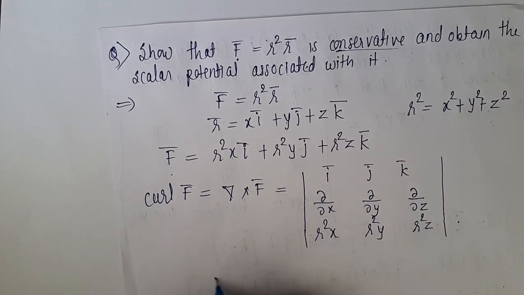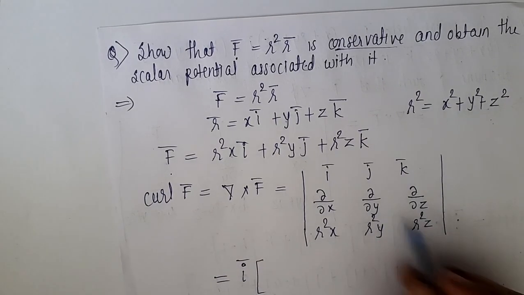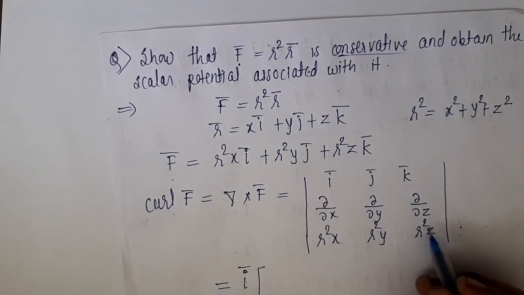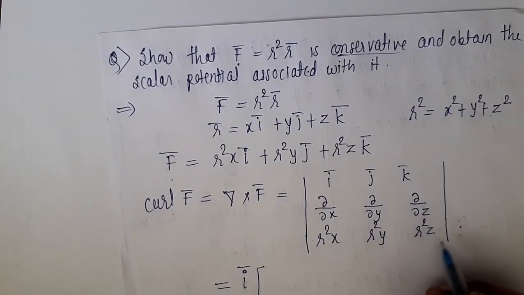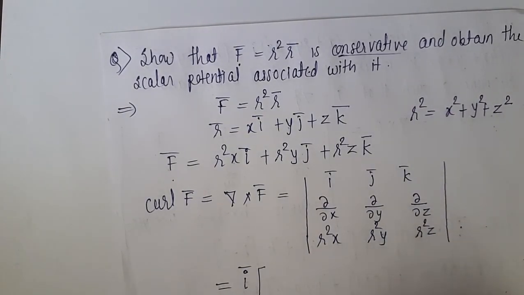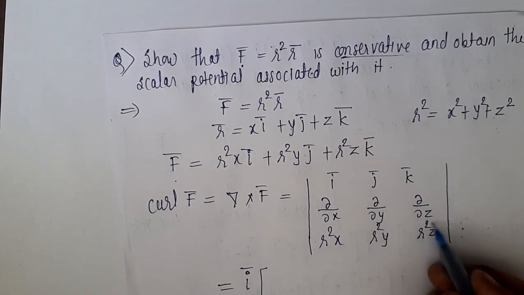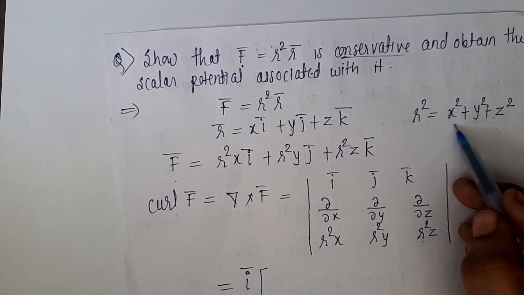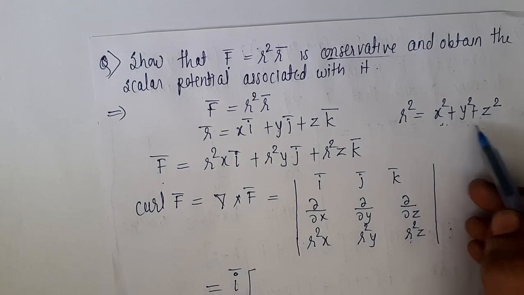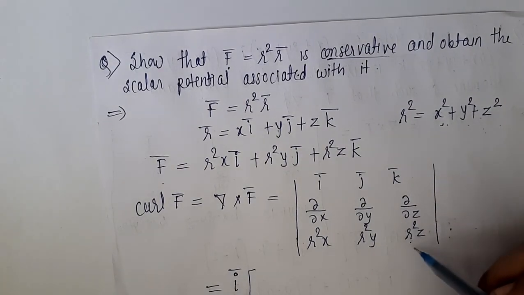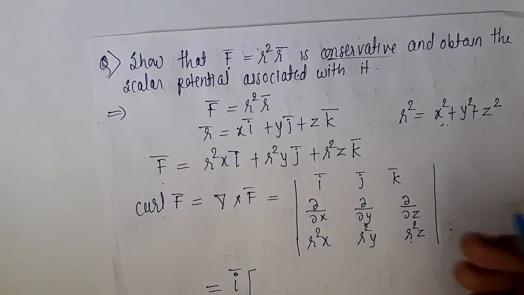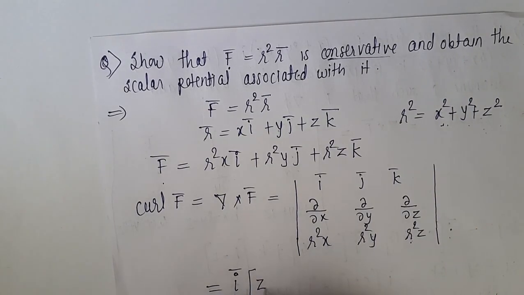So this is equal to i times, what is del by del y of r square z? Is r square z constant with respect to y? Yes? No. See, this r square is also a function of x, y and z. So what is the derivative of r square with respect to y? z is constant.